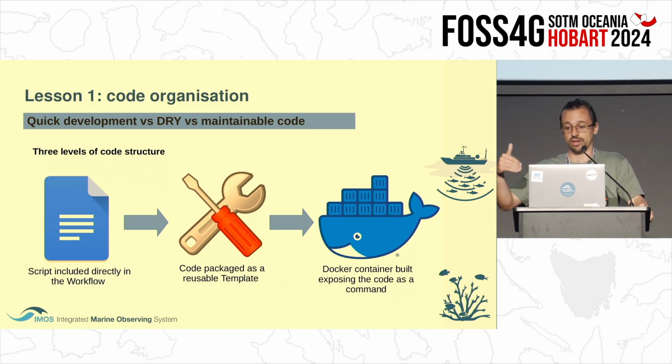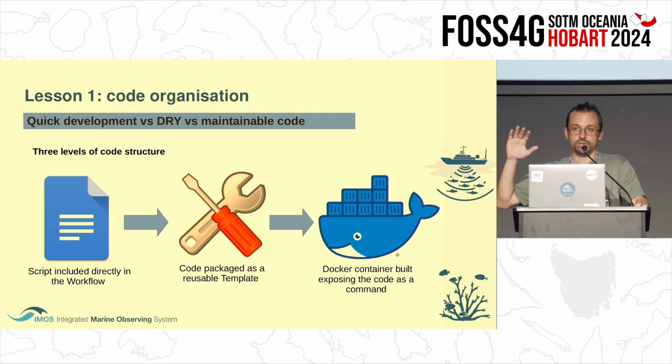Next step. Once we decide that some template is actually a core part of our pipeline, we are going to use it several times. We might want to add functionality to it. We want to be able to maintain it properly and version it and all of that.